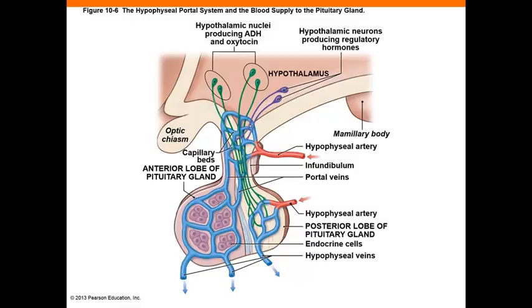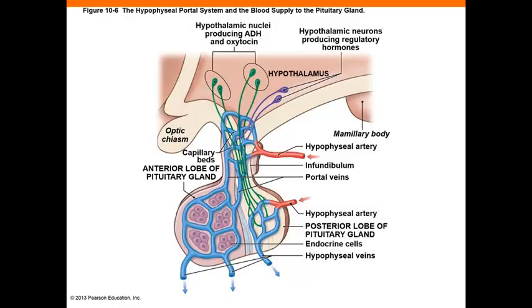Regulatory hormones of the hypothalamus diffuse into the capillaries and travel through the portal veins. Regulatory hormones diffuse into target cells in the anterior lobe. The anterior lobe cells then secrete hormones into these secondary capillary beds.